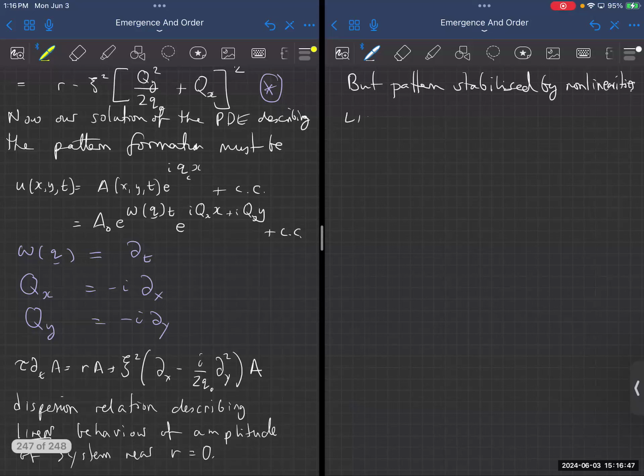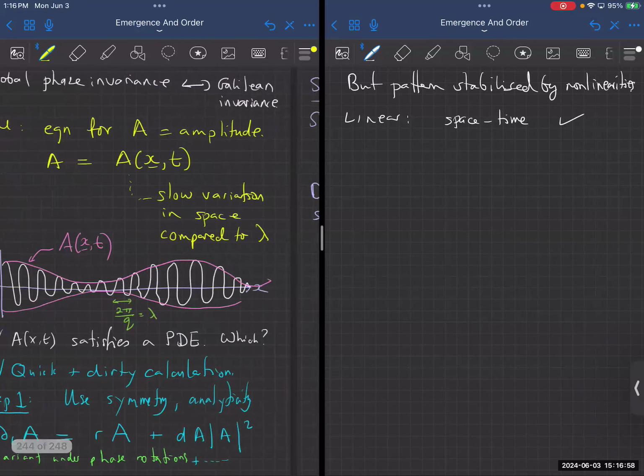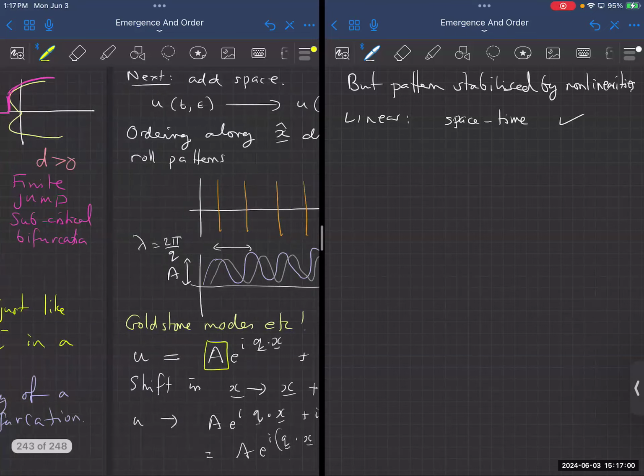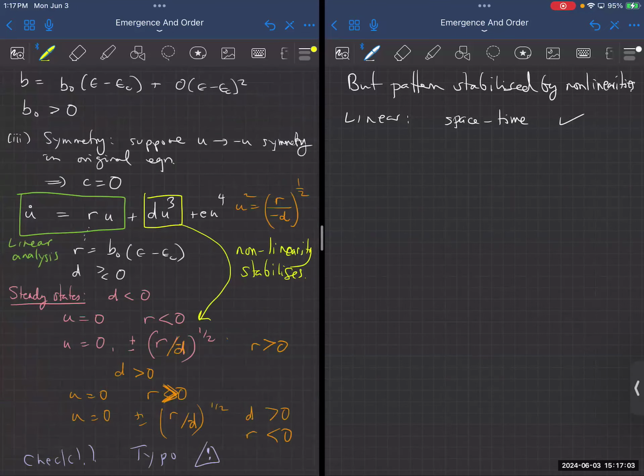We've got a linear equation, but it does involve space and time. So that's good. And then we have a nonlinear equation back over here, which is zero-dimensional. But it is nonlinear. So we have those things.